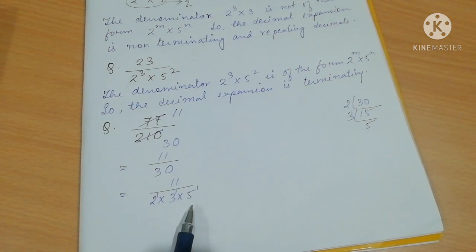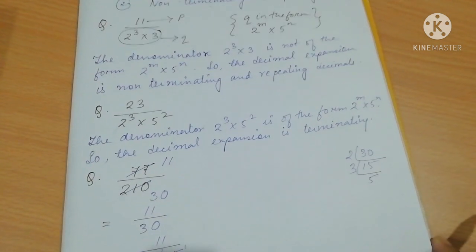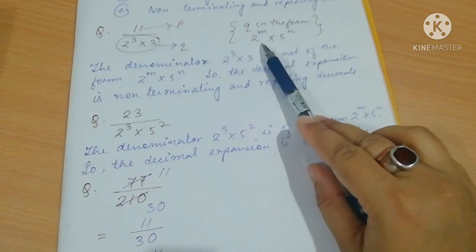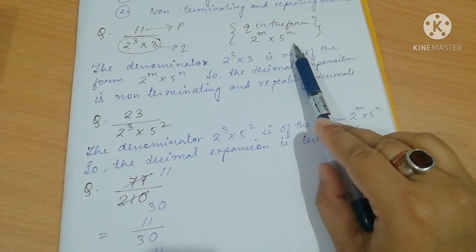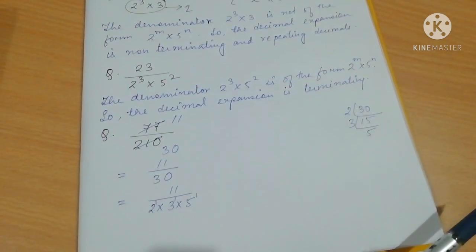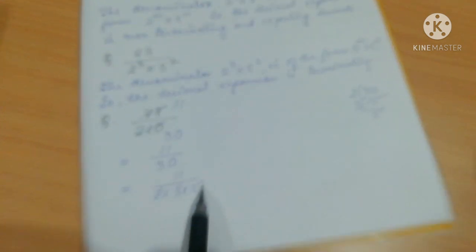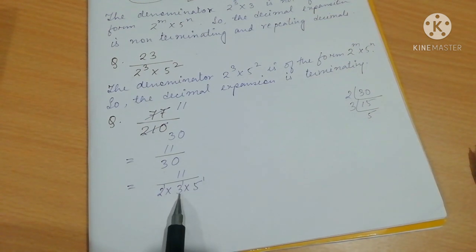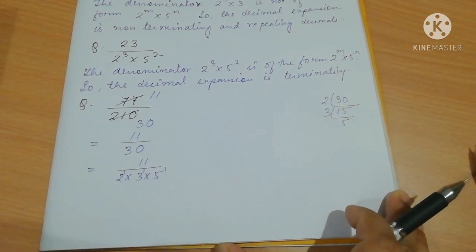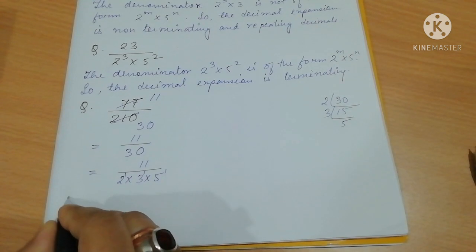So this is not in the form of 2 to the power m into 5 to the power n. So this 2 into 3 into 5 is not in the form of 2 to the power m and 5 to the power n, because 3 is an additional number here. It should be only 2 and 5 as we got.